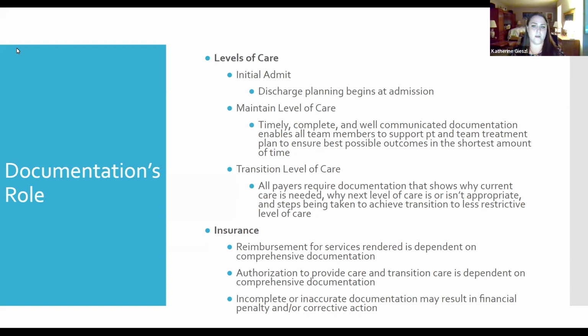And a thing that I'll touch on again when I talk about insurance: all payers, Medicare, Medicaid, all insurance payers are going to require thorough documentation for transitioning levels of care. So why is this patient still inpatient? They want to know that they're getting better, but not so much better that they need to leave. Or they want to know this patient has met all of their goals.